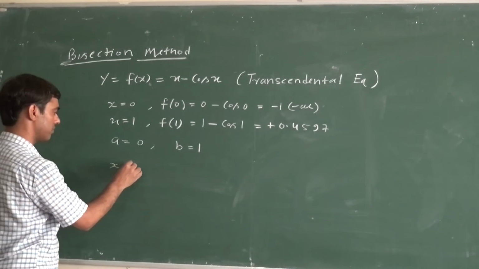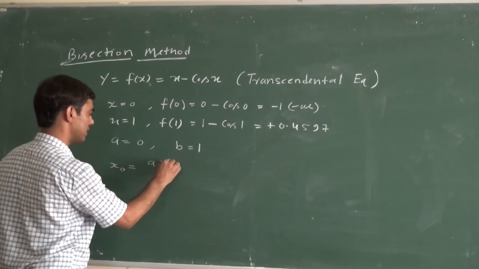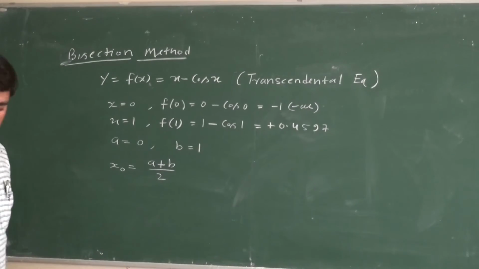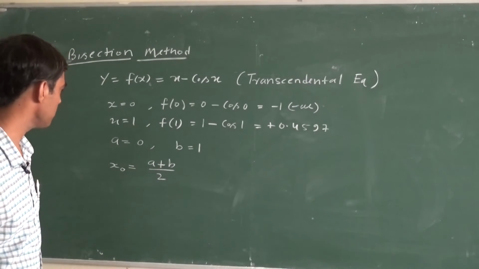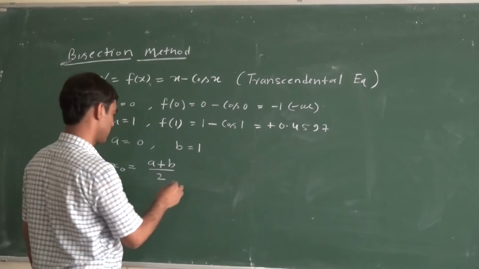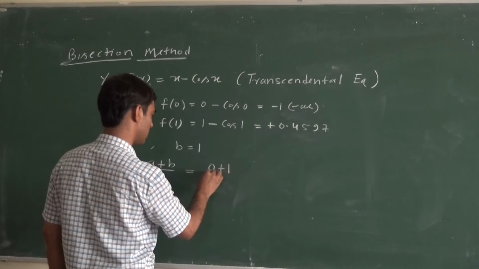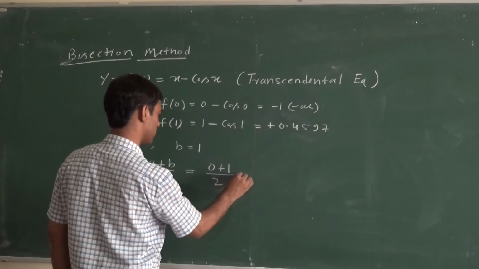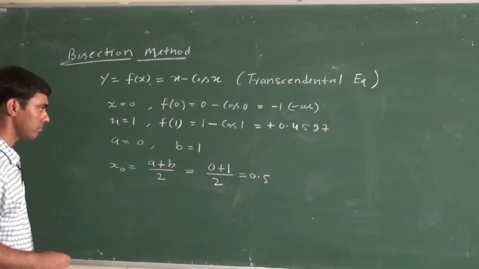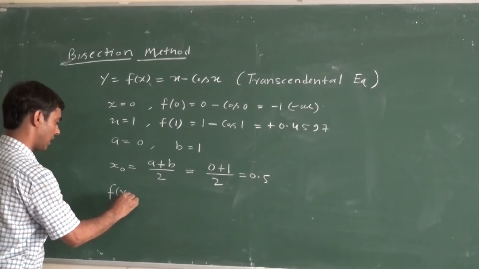In the first iteration, according to the algorithm of the bisection method, x0 equals (a plus b) by 2. So this equals 0 plus 1 divided by 2, which is 0.5. Now, what is the value of the function at x0?